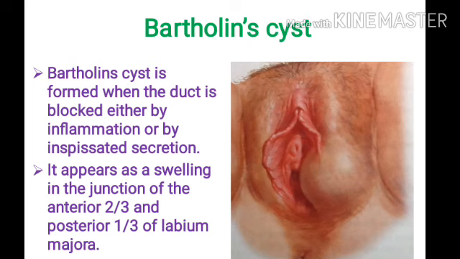After an inflammation or infection, Bartholin's duct may be blocked, leading to the formation of a Bartholin cyst. It appears as a swelling on one side of the vagina. We can palpate the cyst on the labia majora, at the junction of the anterior 2/3 and posterior 1/3.